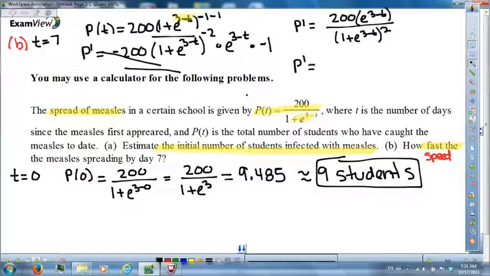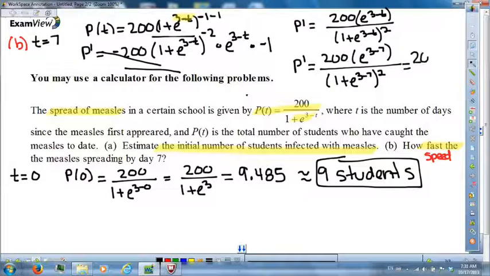So I'm going to go ahead and substitute 7 for t. And then I'm going to use my calculator to calculate this.